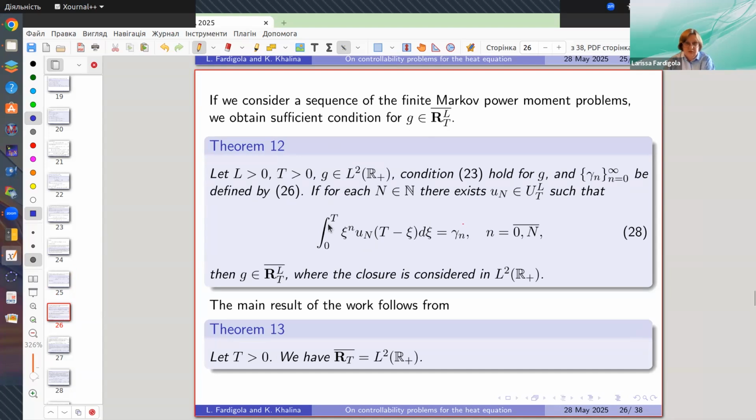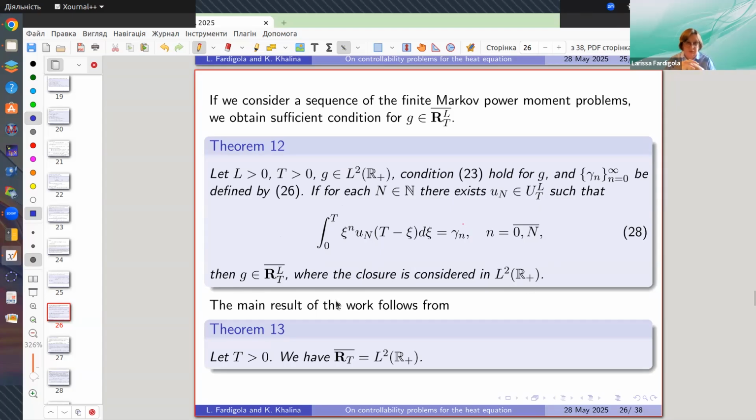So under the condition of the previous theorem, if for each capital N natural number there exists Un from UTL such that these conditions hold, then G belongs to the closure of RTL, where the closure is considered in L2 of R plus.